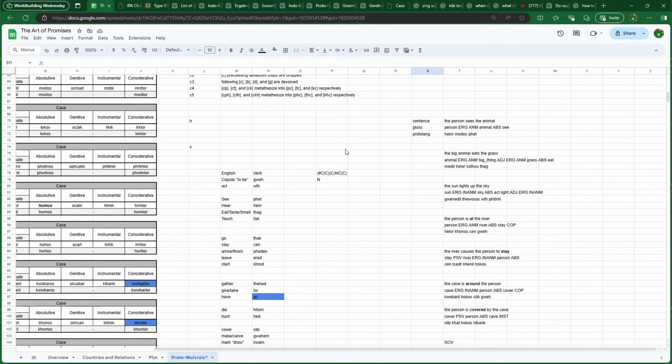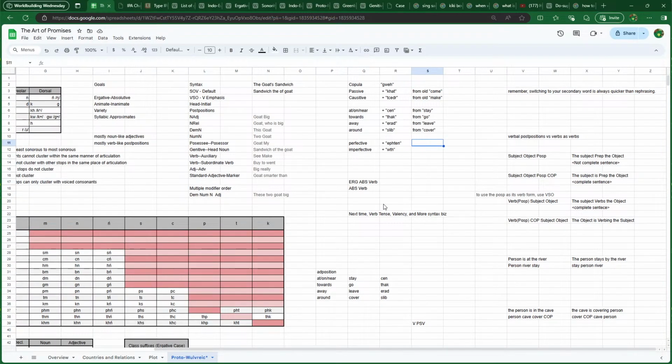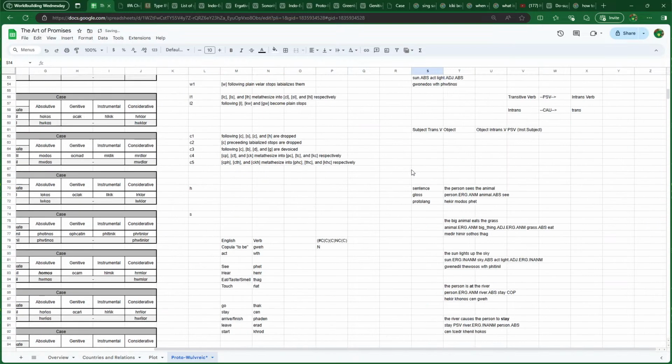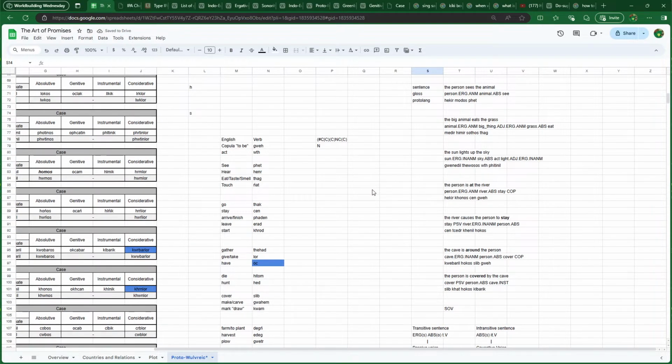And then this comes from old finish. And this actually comes from current act. Which can be used as a verb, but it can also be used as other things.